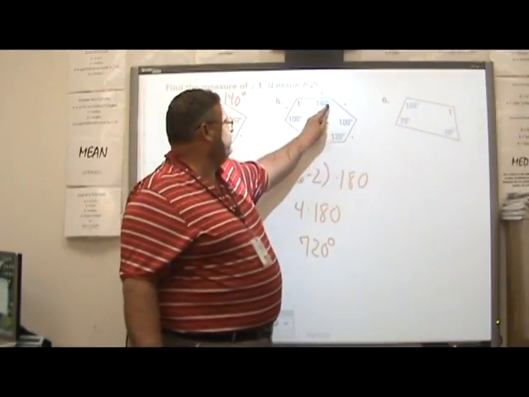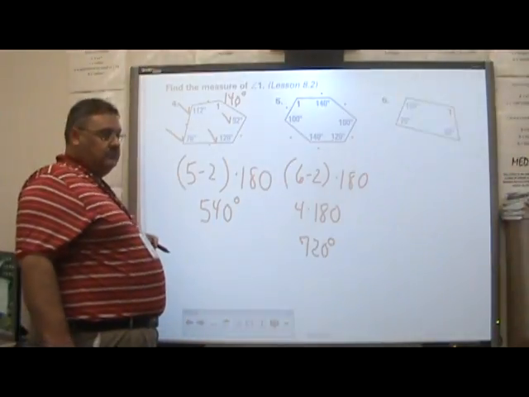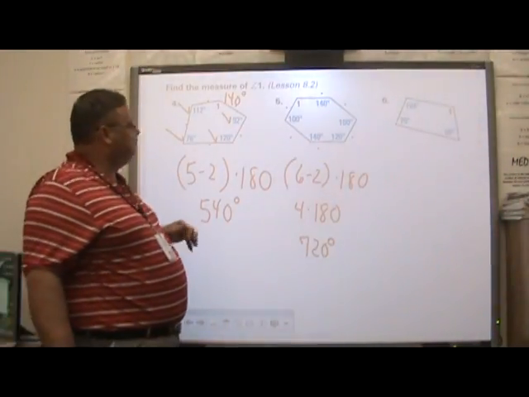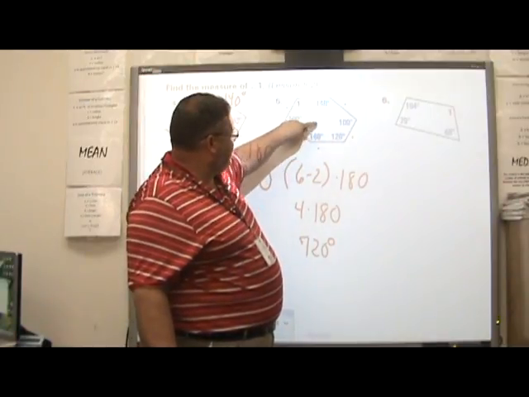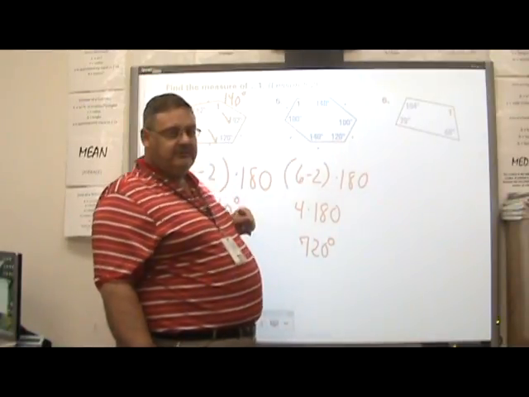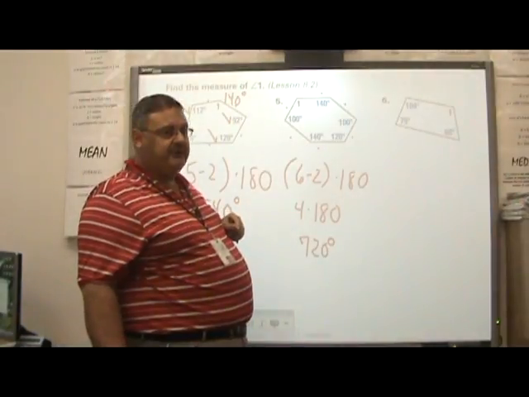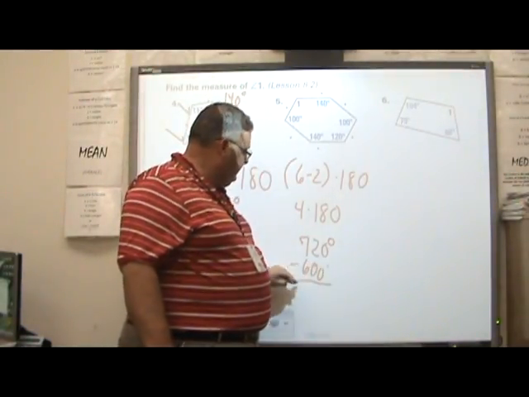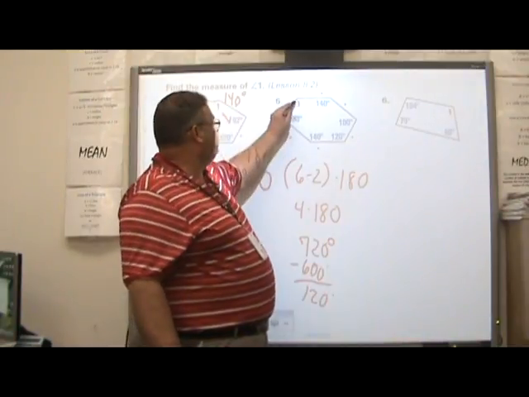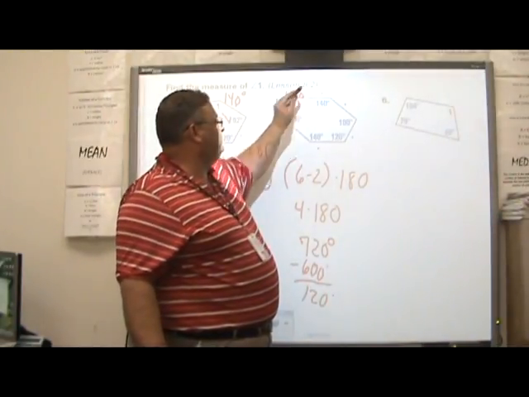So all these angles added up must equal 720 degrees. Well, 1, 2, 3, 4, 500, 580, 600, so add them all up at 600 degrees. 720 minus the 600 we know leaves us 120, and so angle 1 here is 120 degrees.